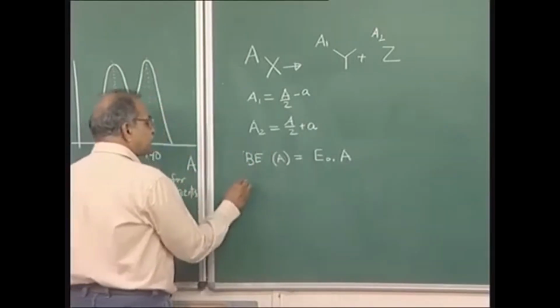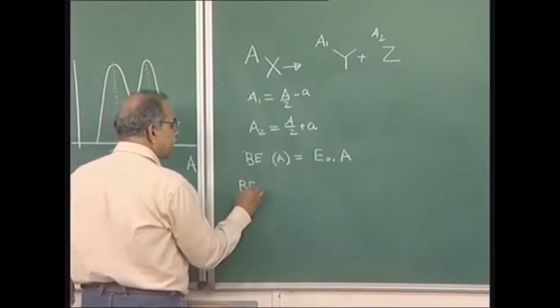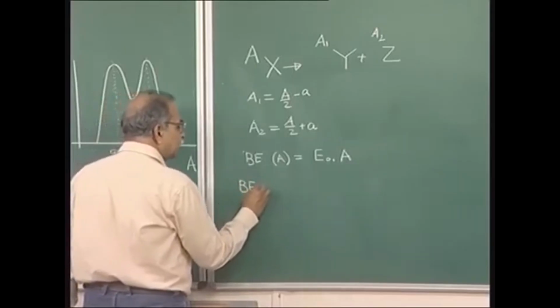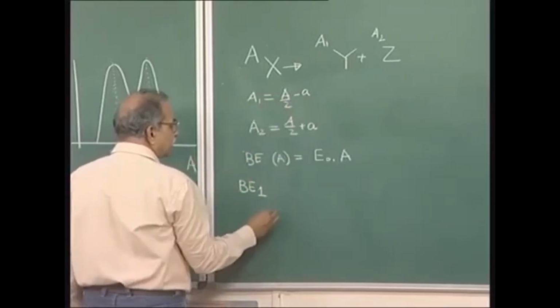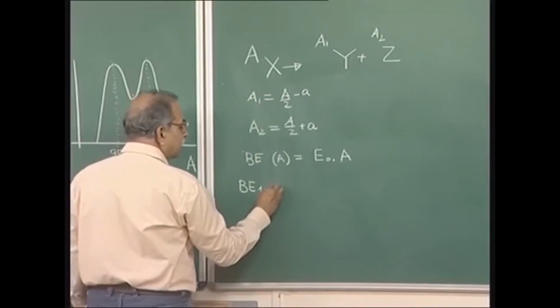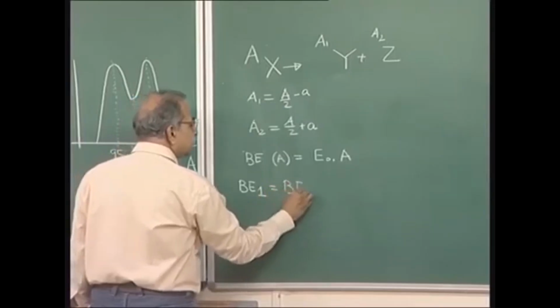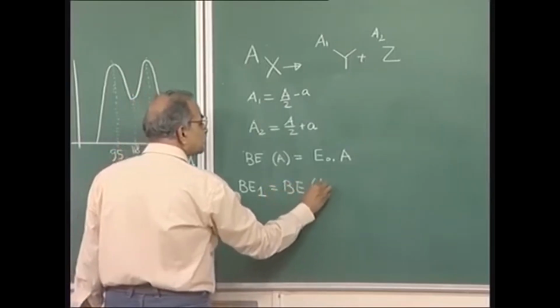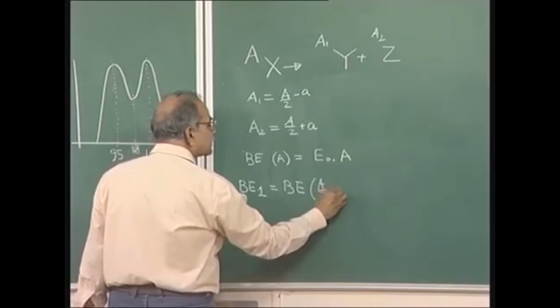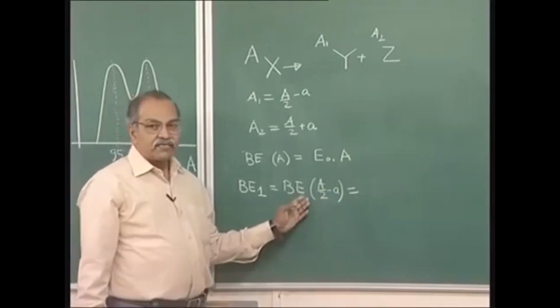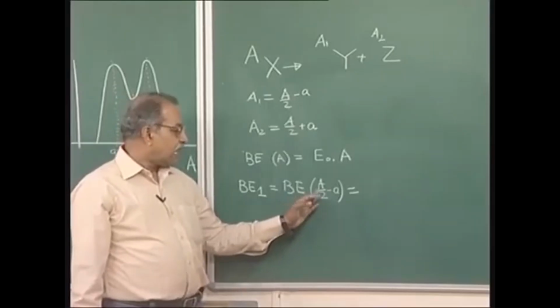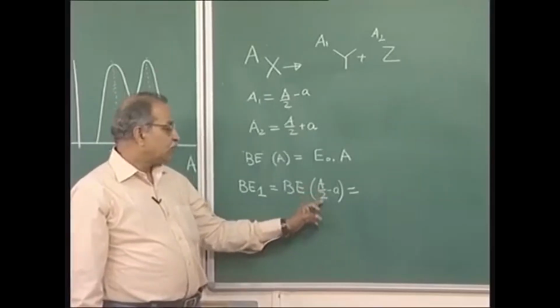Then you have the fragments. So, binding energy for the first fragment BE1, where A1 is equal to A by 2 minus a. So, its binding energy is for this nucleus A by 2 minus a. How much is the binding energy per nucleon at this mass number A by 2 minus a?